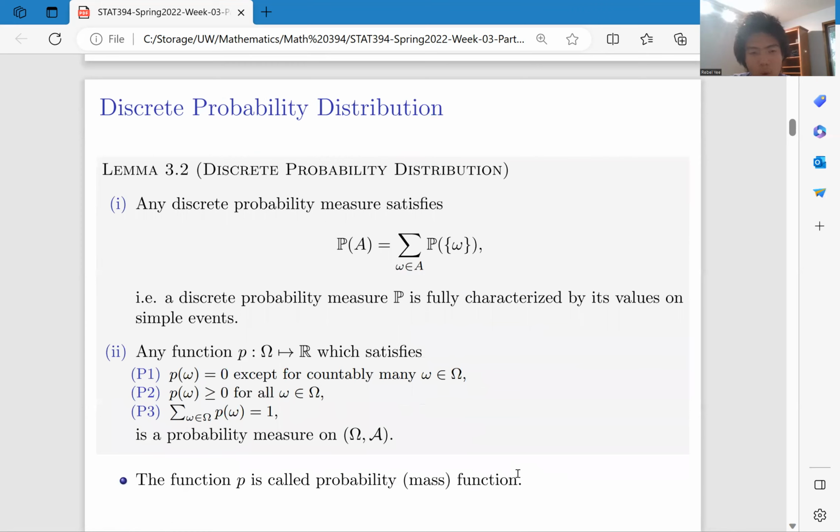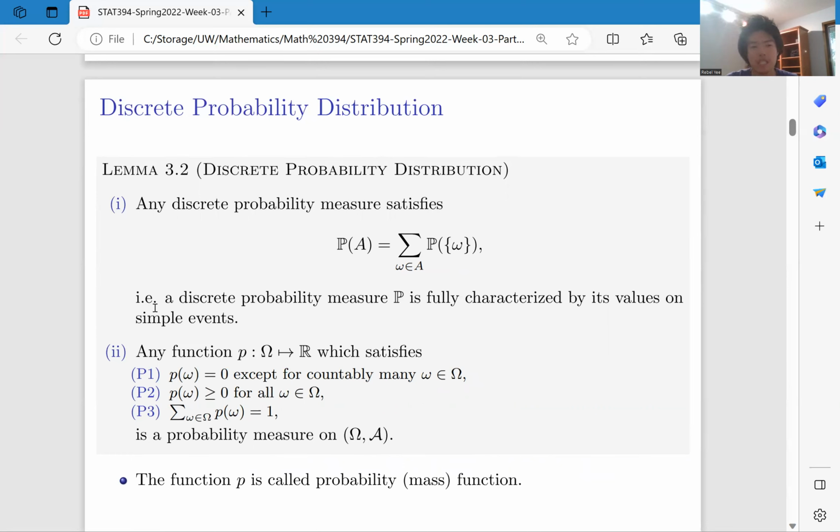And to give a more precise definition, we'll state this as our final definition. A discrete probability measure satisfies that the probability of any event A is equal to the sum of the probabilities of all the simple events, or outcomes, that belong to the event A. We can also think of it another way: a discrete probability measure P is fully characterized by its values on simple events.